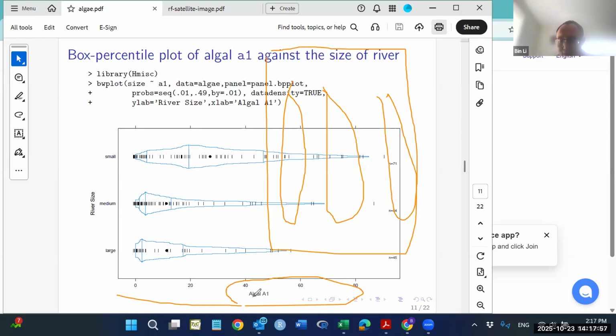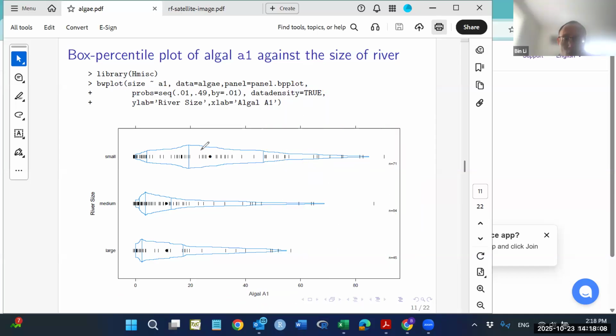So the x-axis is algae A1, the first harmful algae numbers. Here you can see this is the 25th percentile, Q1, this is the median, and that's Q3. And the width of the box at any height, at any algae value, shows the proportion in the extreme direction.